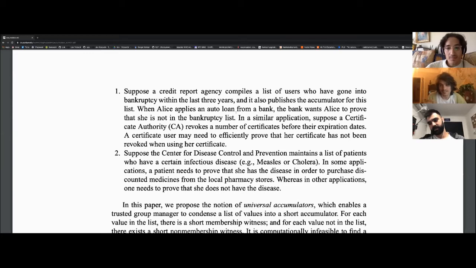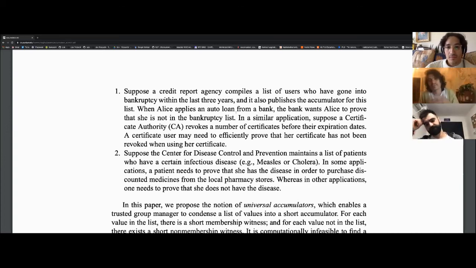The difference is that maybe these two data sets, one where predicate P is true and one for which the opposite, not P, is true, could have vastly different sizes. And in this sense, it must be more convenient either to give a witness of inclusion for the data set with predicate P, or a witness of non-inclusion for the data set with predicate not P. So that's kind of their idea.